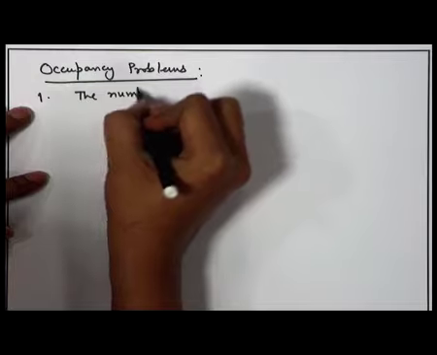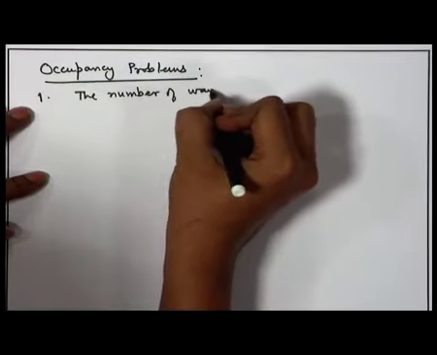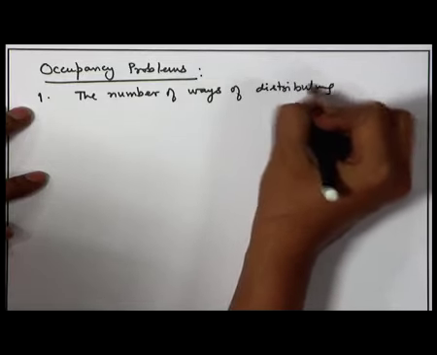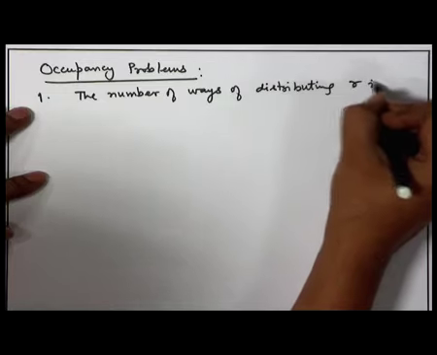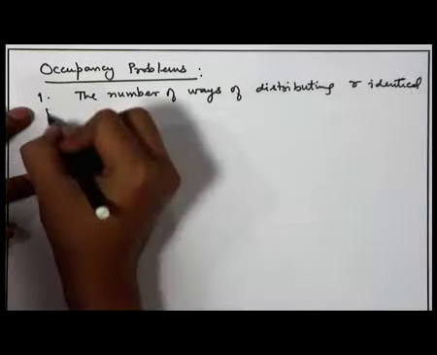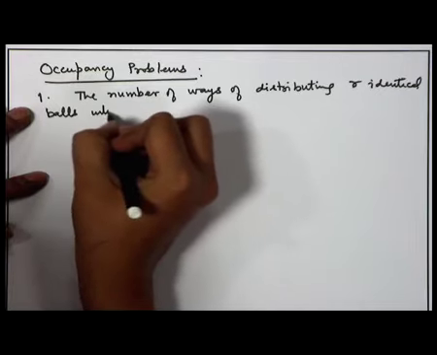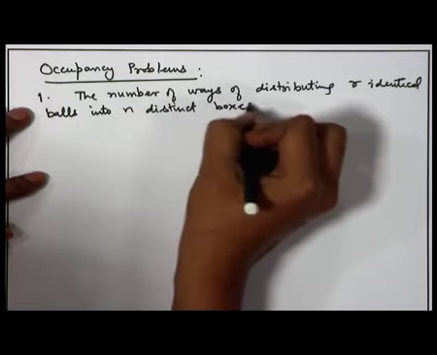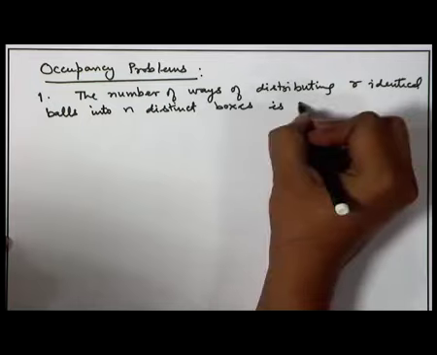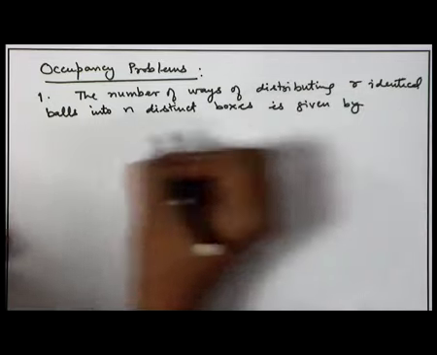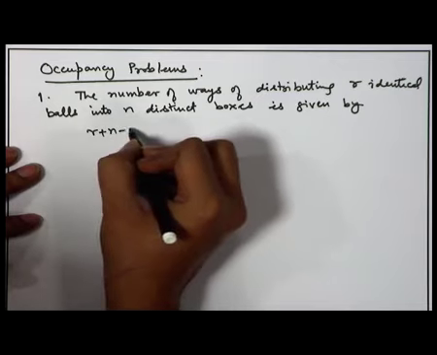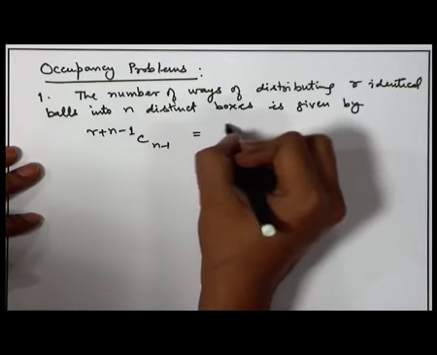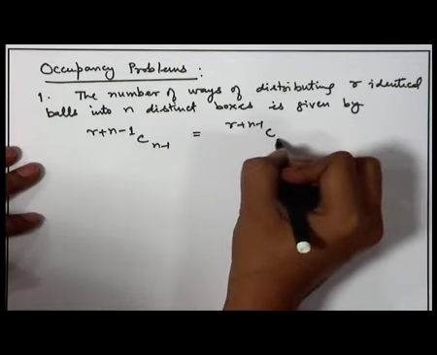The number of ways of distributing r identical balls into n distinct boxes is r plus n minus 1 choose n minus 1, which is the same as r plus n minus 1 choose r.